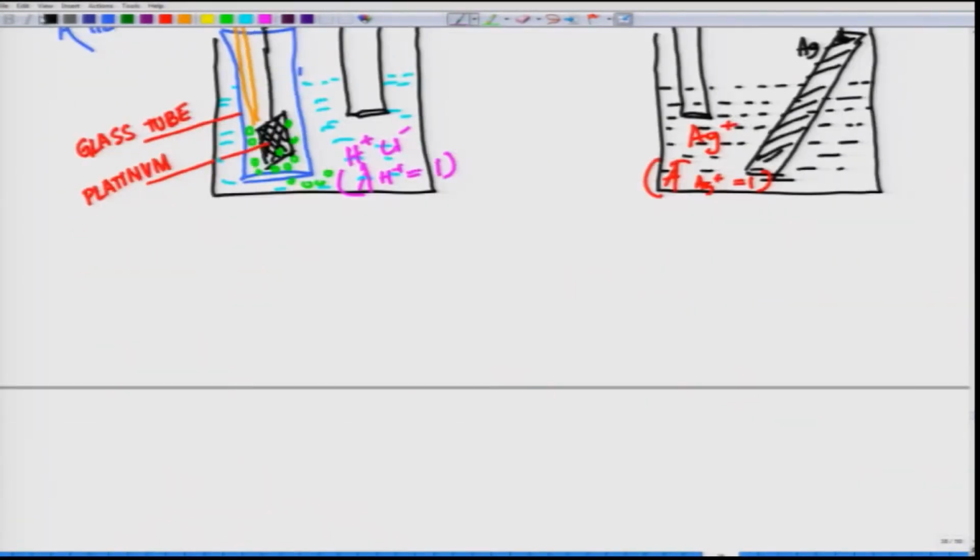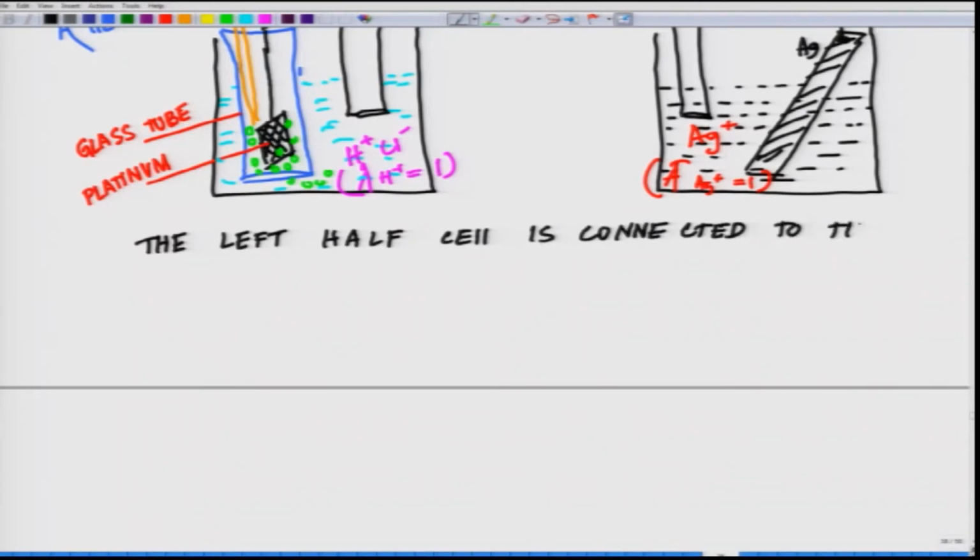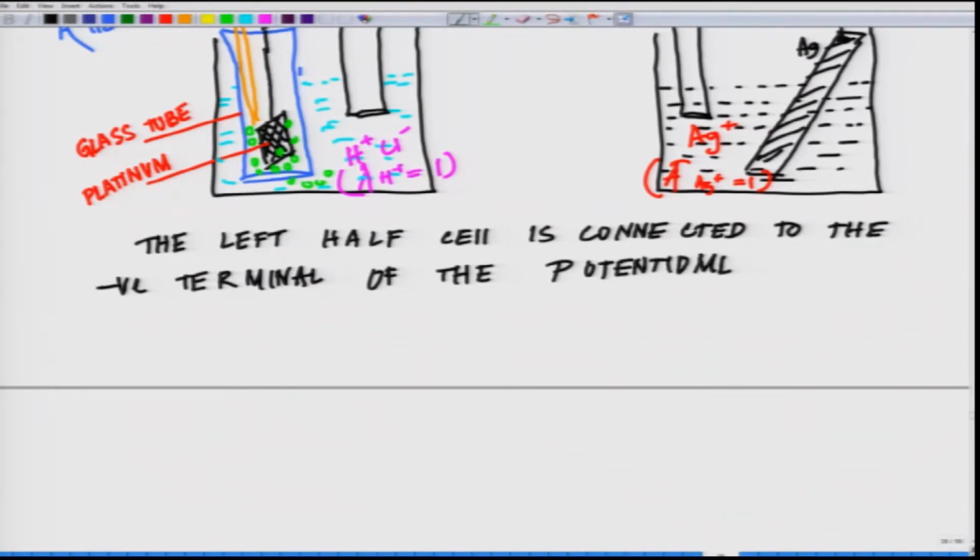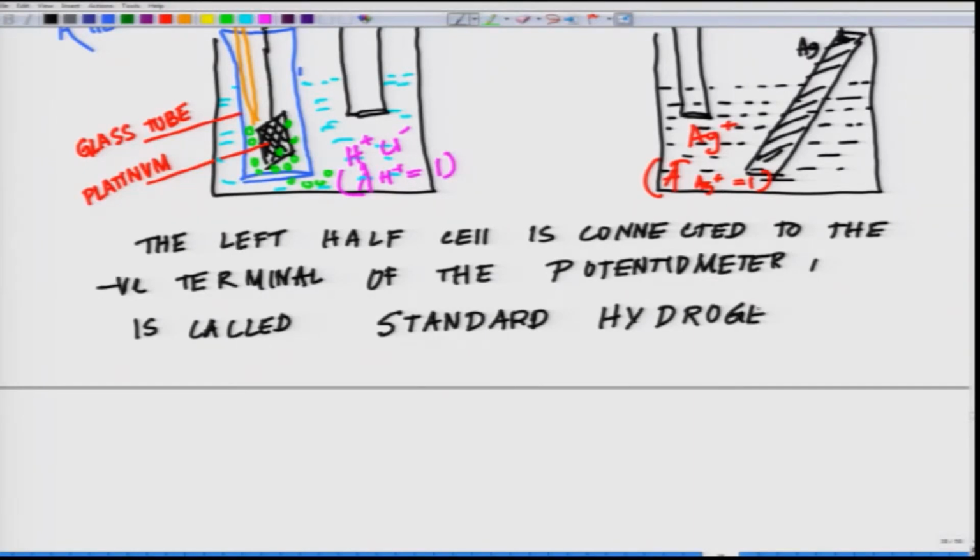So this is your left half cell, and this is called the standard hydrogen electrode, or SHE.